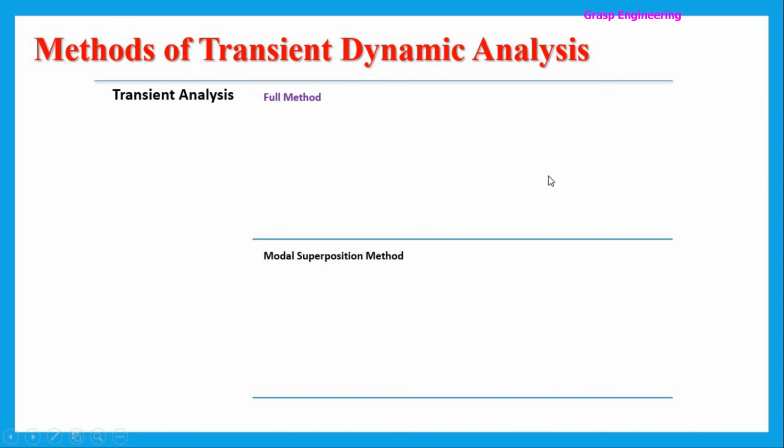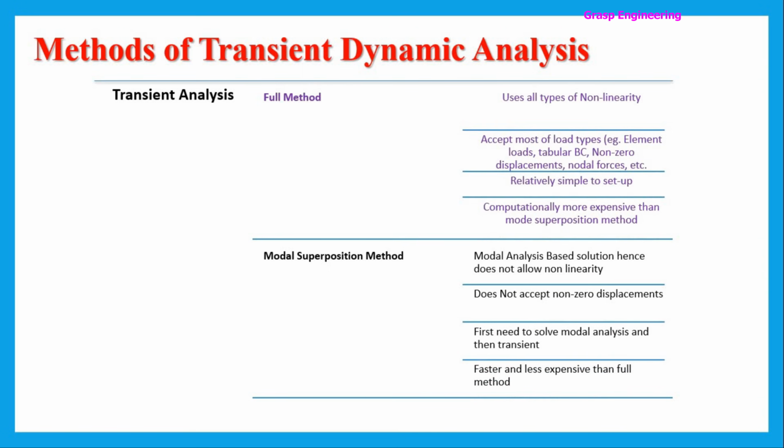Now let's discuss the different methods of transient dynamic simulation. There are two methods. First is the full method and the other is the modal superposition method. Both have advantages as well as disadvantages.